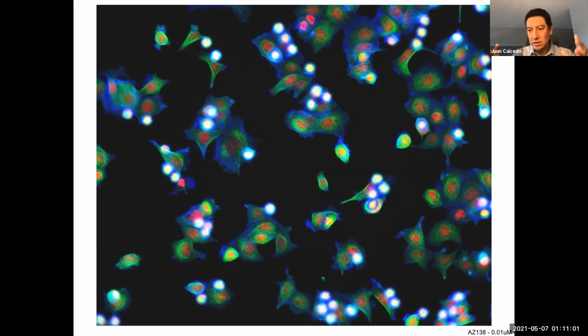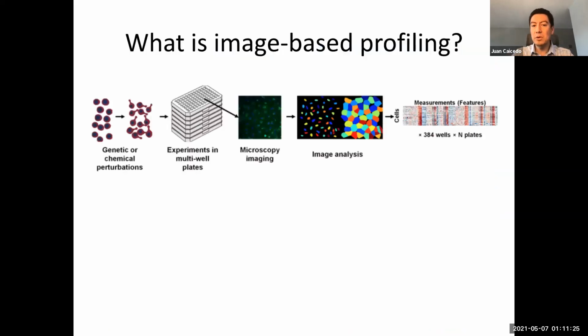It's not necessarily just the size, as in the previous example. There are many more features and characteristics of cells that change from one treatment to another. For those cases, we need more information or better strategies for extracting information from those images. And that is what we call image-based profiling.